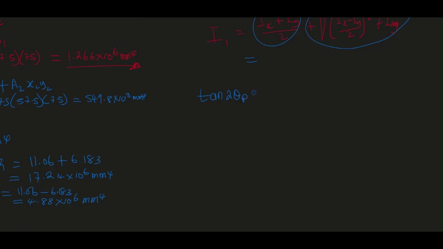Tan 2 theta p is equal to minus 2 Ixy all over Ix minus Iy.